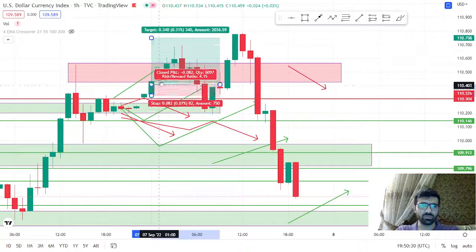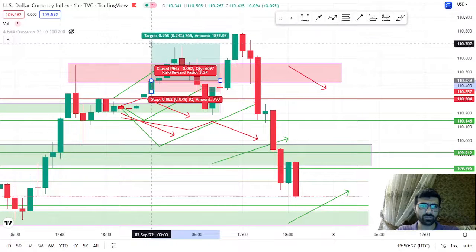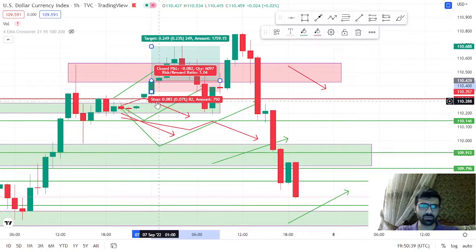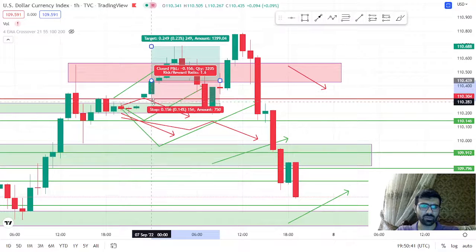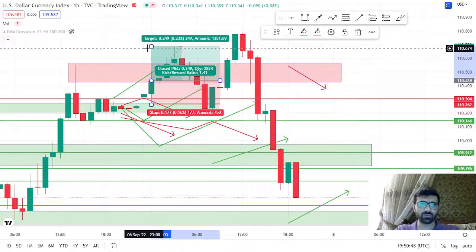So if we push up further and enter over here, then we could have made a lesser profit, but still would have been in profit. So this would be approximately 1.4% profit here.